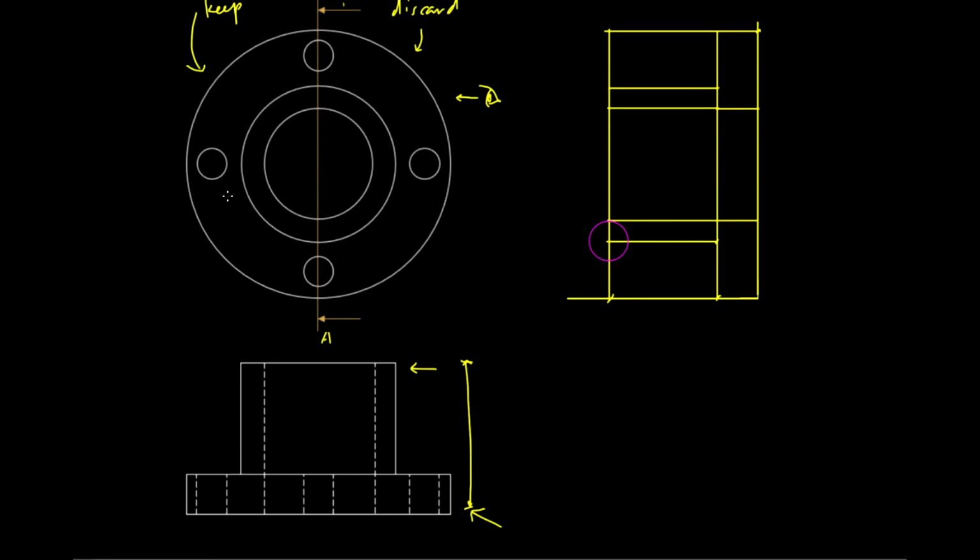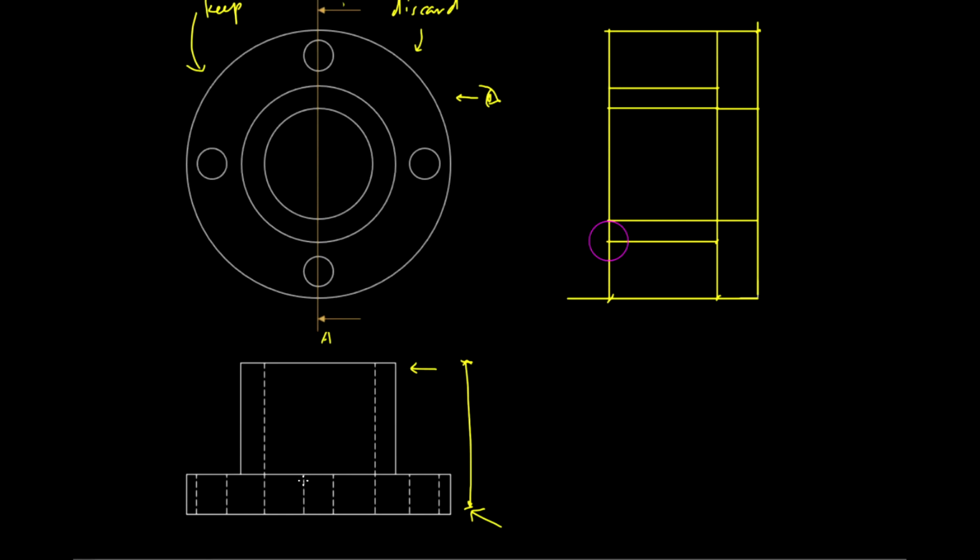So it's no longer necessary to show this, or to show the hidden lines, because again, the sectional view is supposed to replace the hidden lines in terms of exposing internal features. So, we will no longer show it. No need to show this part.